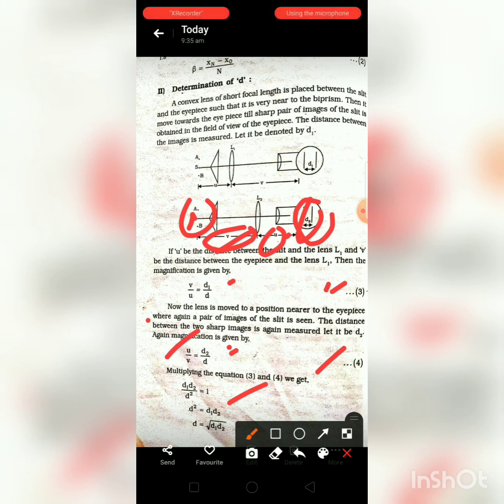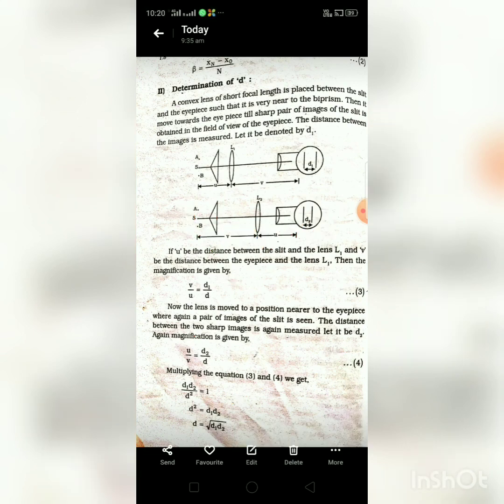Taking the square to the right side, we get d equals the square root of d1 into d2. This is the expression.